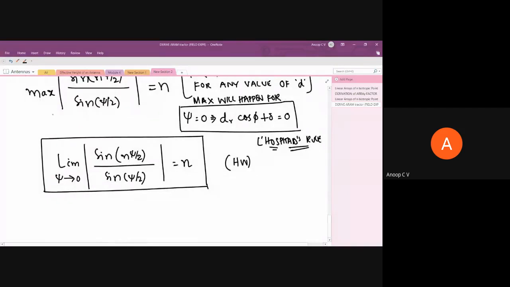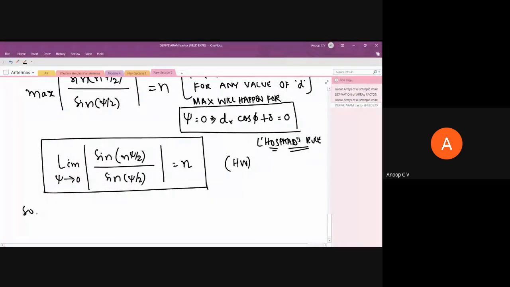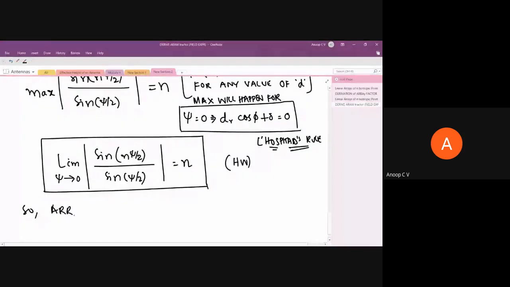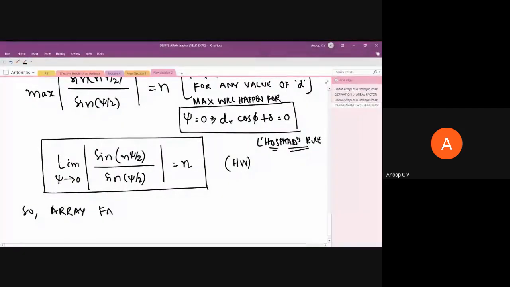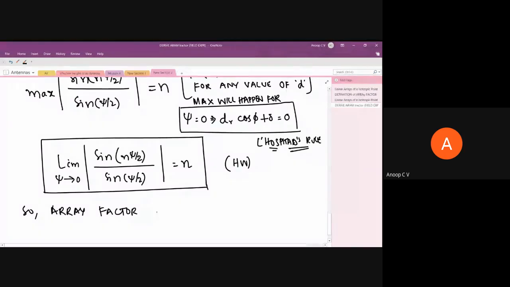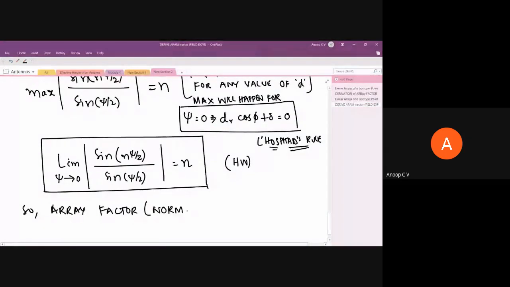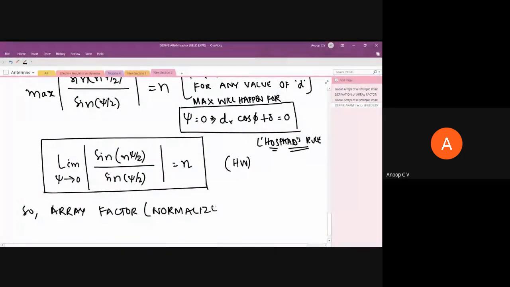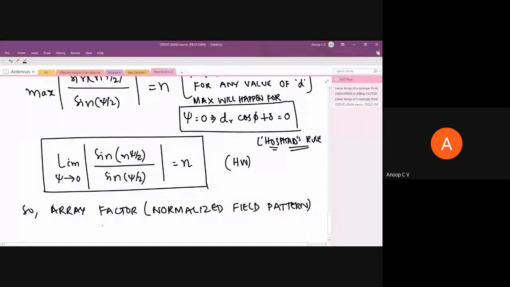In other words, we can call it the normalized field pattern. Array factor is the same as the normalized field pattern.